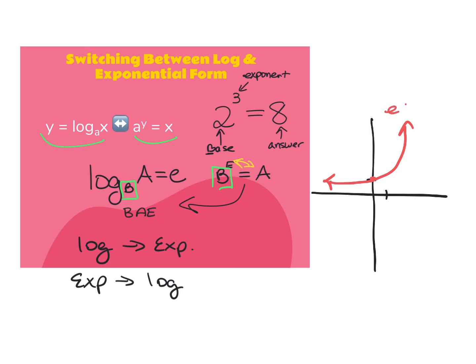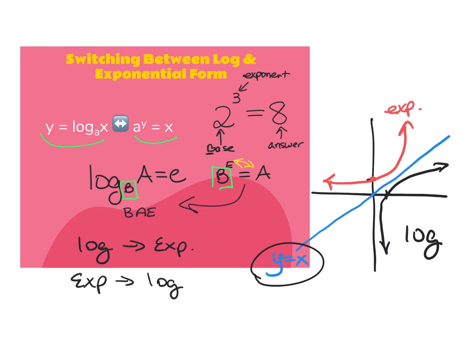This is the exponential graph, and what you're going to find is we would have this imaginary line here of y equals x, and the graph of the log is like a reflection. So it would look like this. So this would be the graph of the log. But again, we're graphing the log functions tomorrow. So it's symmetrical across this line of y equals x.